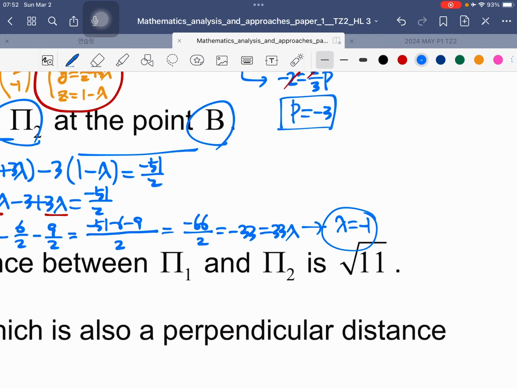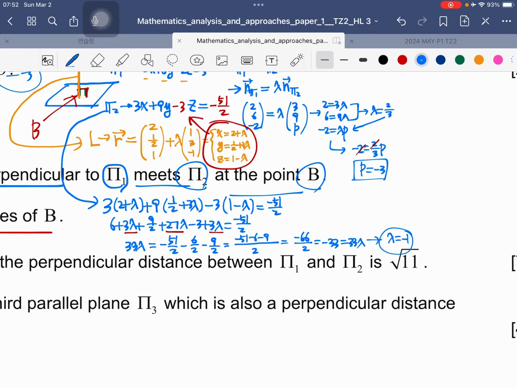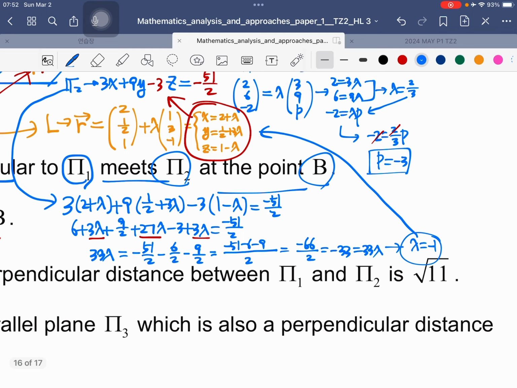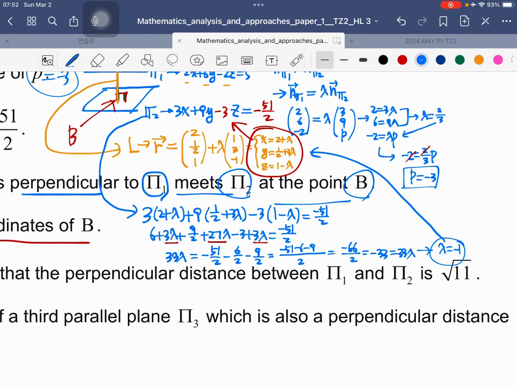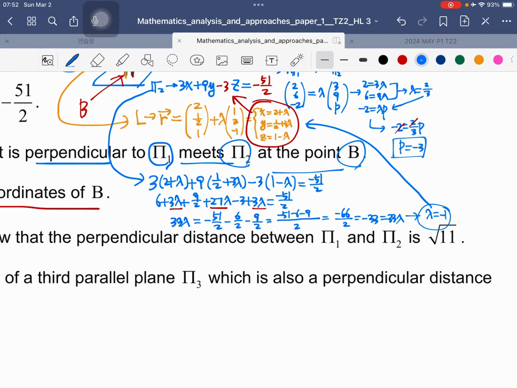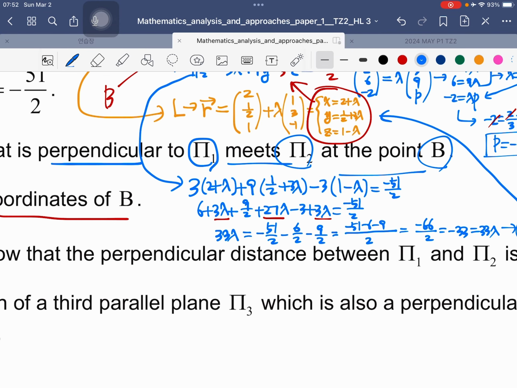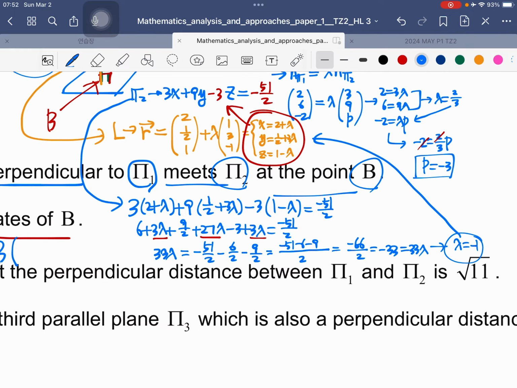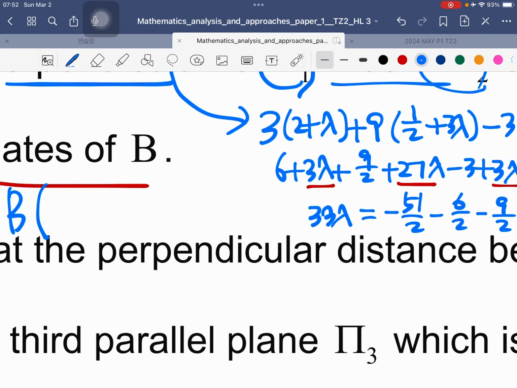When lambda is negative 1, we can get the coordinate of point B by putting negative 1 into the line equation. So the final answer: the x coordinate is 2 minus 1, which is 1.